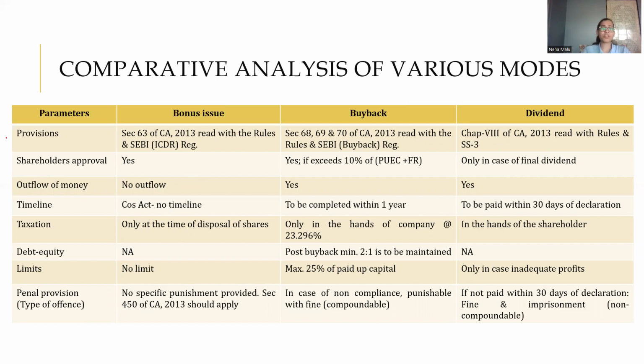When it comes to the provisions of law to be complied with in case of bonus shares, as we already discussed, Section 63 of the Companies Act read with the rules is to be complied with by all companies. However, in case of listed companies, the provisions of the SEBI ICDR regulations are additionally required to be complied with. When it comes to buyback, Sections 68, 69 and 70 of the Companies Act read with the rules are to be complied with, along with the buyback regulations in case of listed companies.